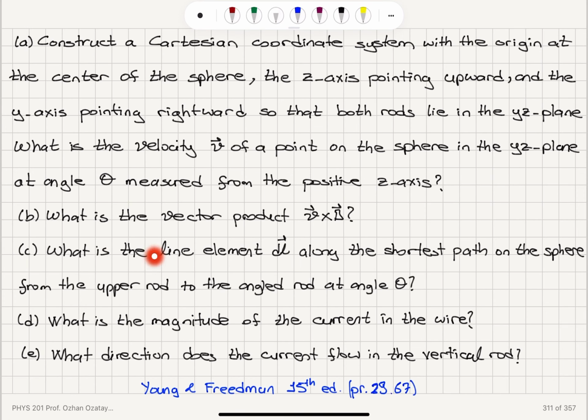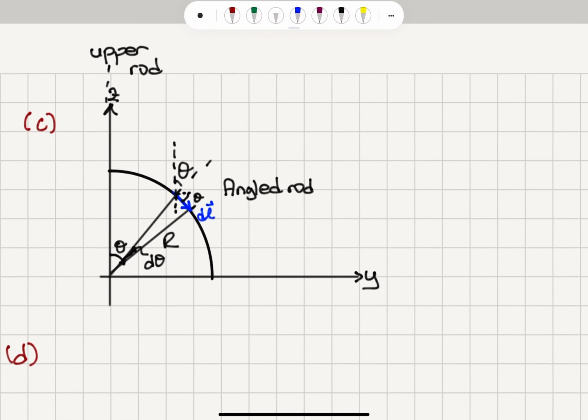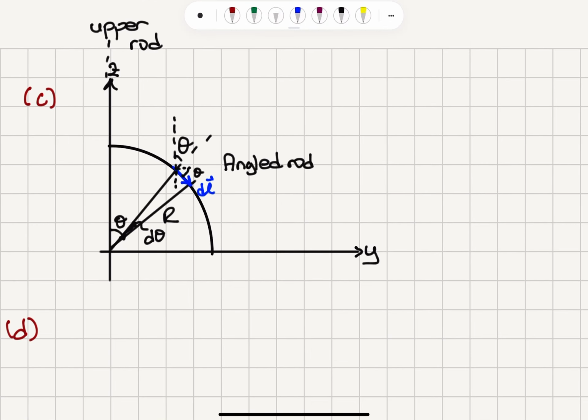What is the line element dl along the shortest path on the sphere from the upper rod to the angled rod at angle theta? So for the upper rod and the angled rod at angle theta, we want to find the line element dl for this shortest path.